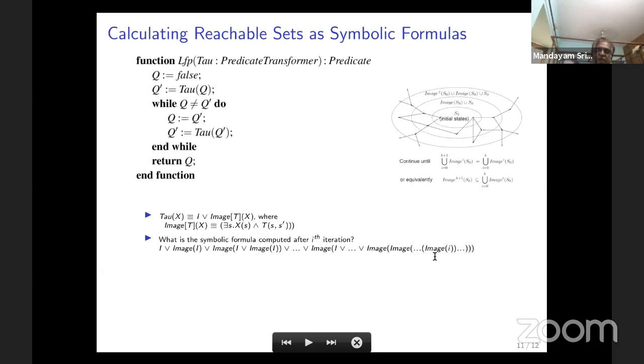This is what the formula will look like, the symbolic formula actually returned by this.